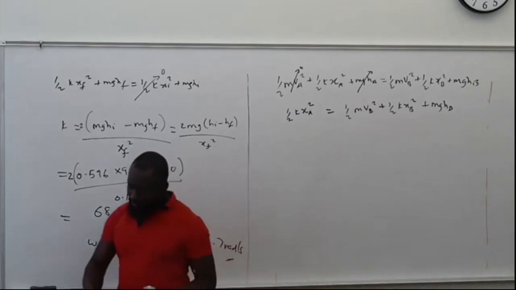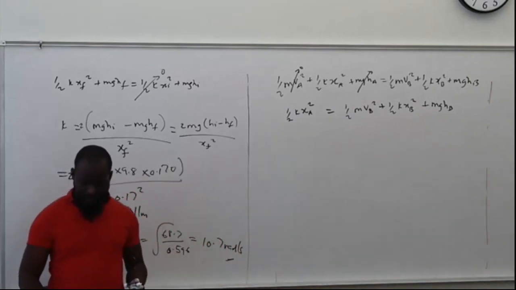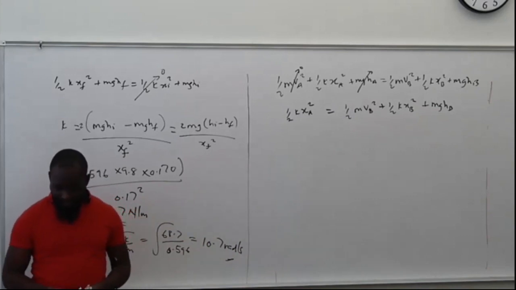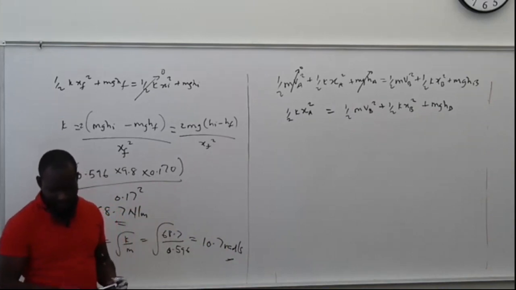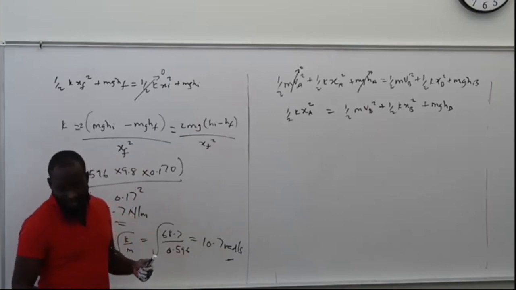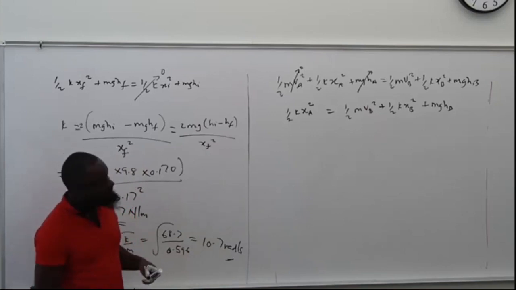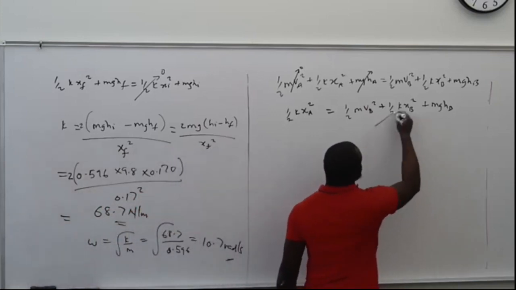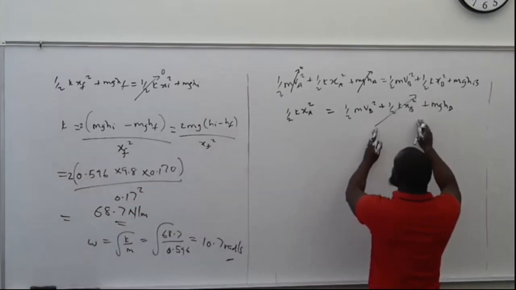So according to this problem, at this point B, the ball has left the spring, so we don't need half kx for B because the ball is no longer in the spring, it's already left.